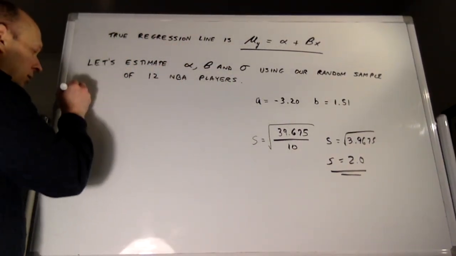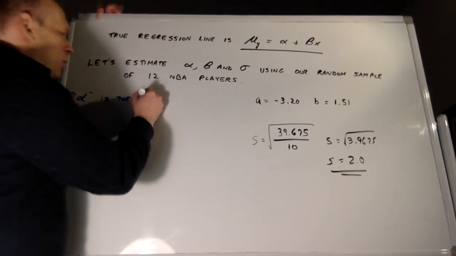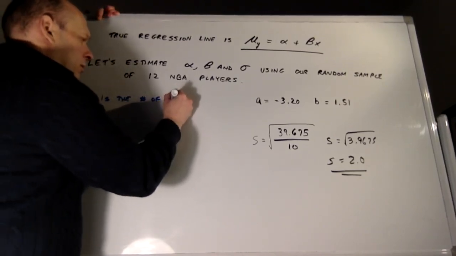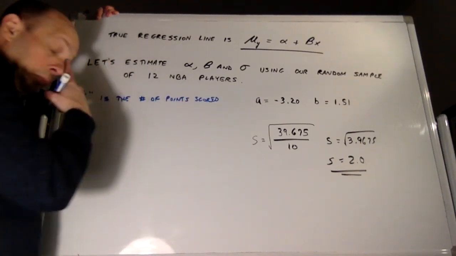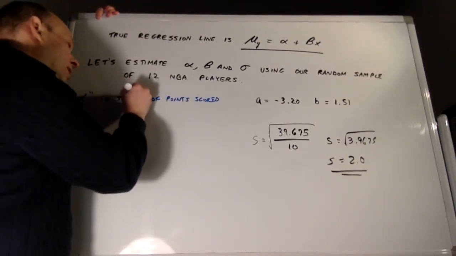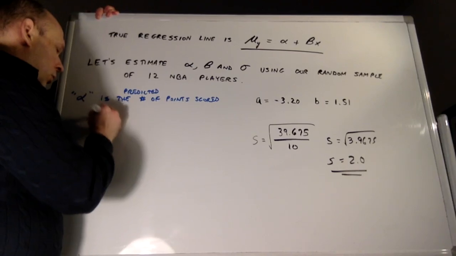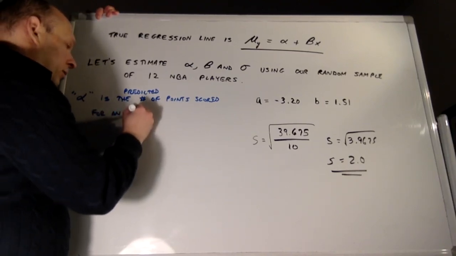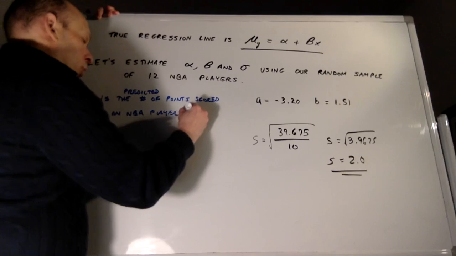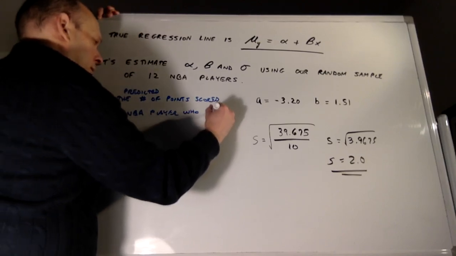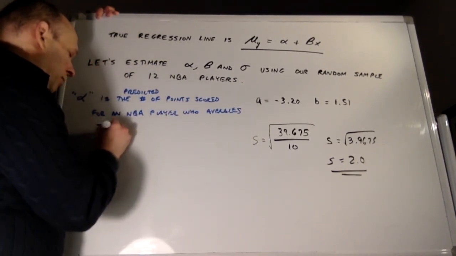So alpha is the predicted number of points scored for an NBA player who averages 0 shots per game.